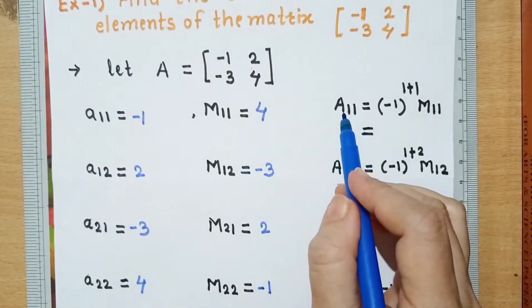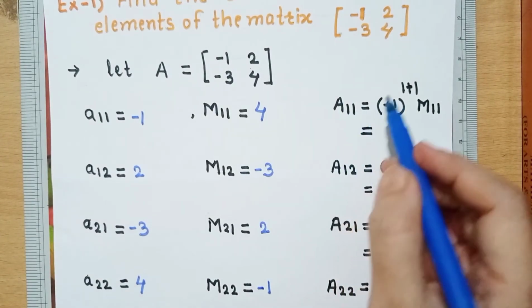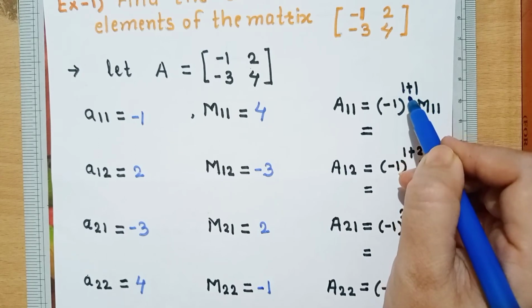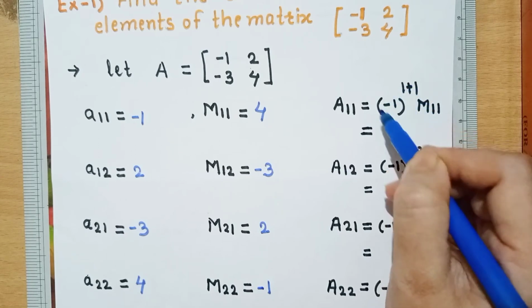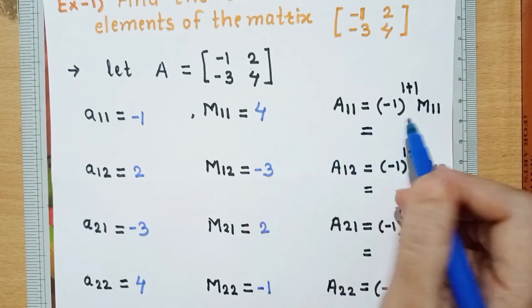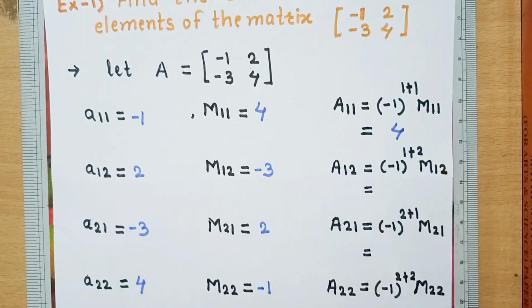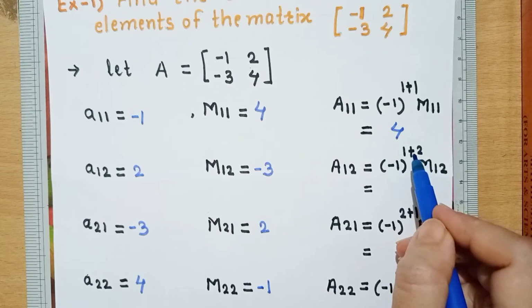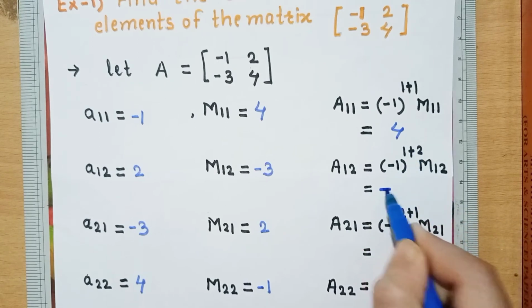Now find cofactor. This is our formula. If the index is an even number, then write a plus sign for this. So you have to write this as it is. Now here 1 plus 2 means the index is odd. So that time write a minus sign, and again this -3.